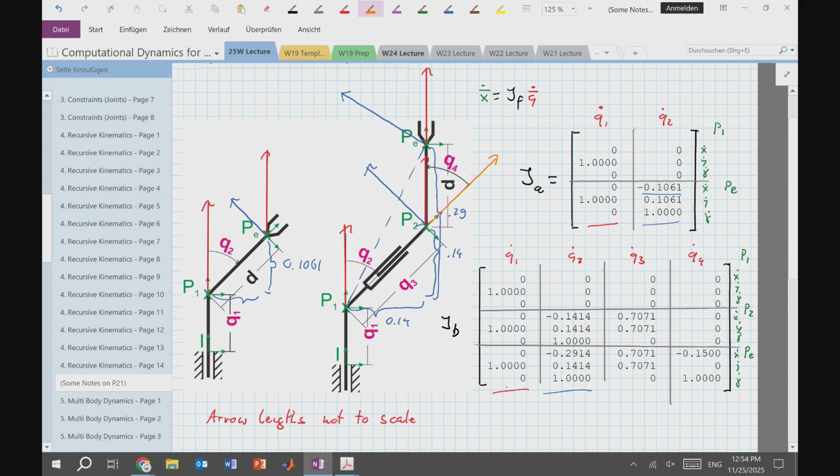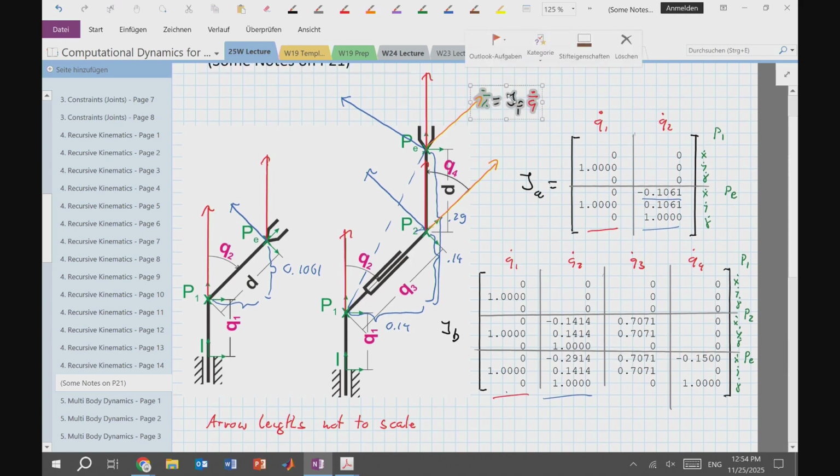Where does PE go? Exactly the same direction. And these are now not lever arms in the traditional sense, but directions of translational motion, so they have a magnitude of 1, which we don't see in this drawing because it's not drawn to scale. But we see they're basically 1 over square root 2, or one half square root 2, in both cases.